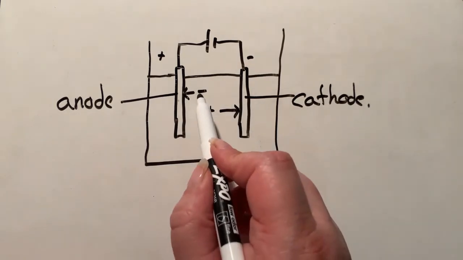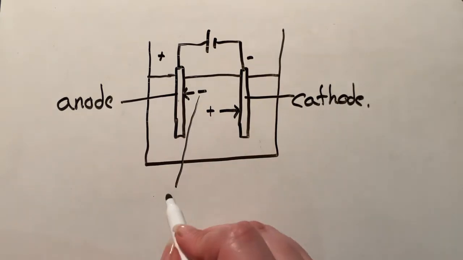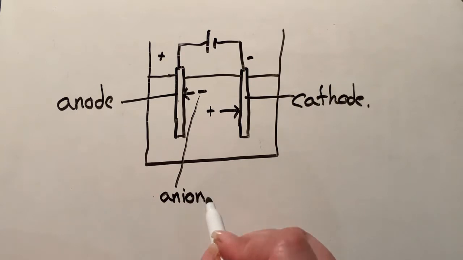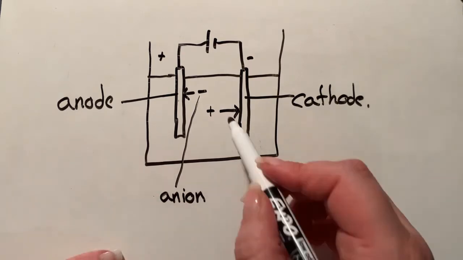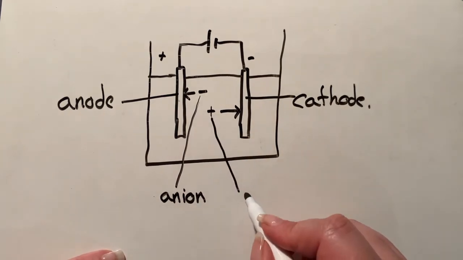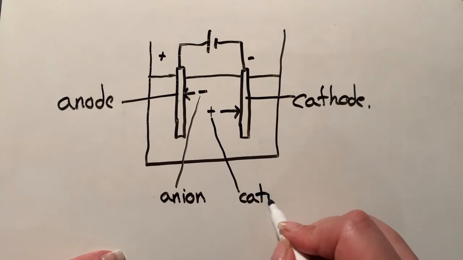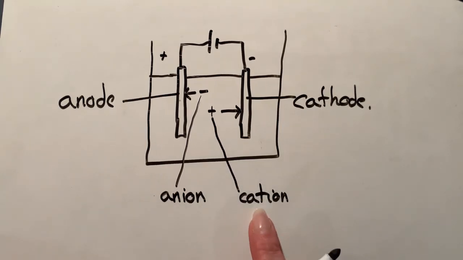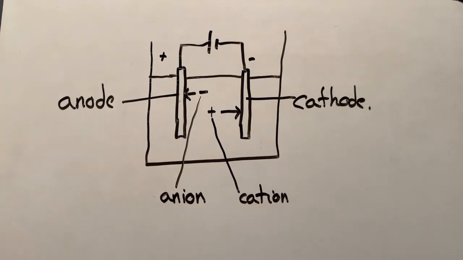So that makes negative ions anions, because they're attracted to the anode, and that makes positive ions cations, because they're attracted to the cathode. I do know that this looks like anion, but I promise you it's not. It's definitely a cation.